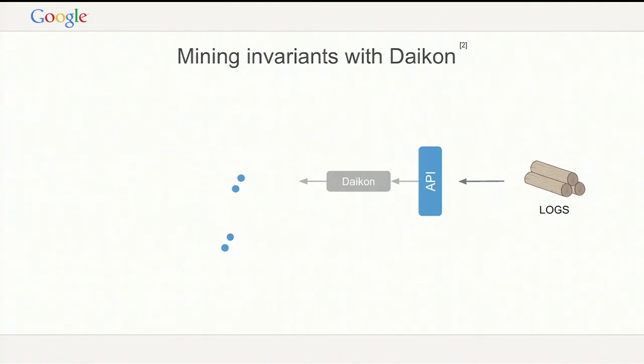The more logs you have, the better, because it will observe more data, so its guesses will be more correct. I'm mentioning this because this is what we call dynamic analysis on your software. In dynamic analysis, there's a problem in the exploration space. If you don't have enough data, it will find things that actually don't make sense. So if you have more logs, then it's better. And we have a lot of logs, so that's good.